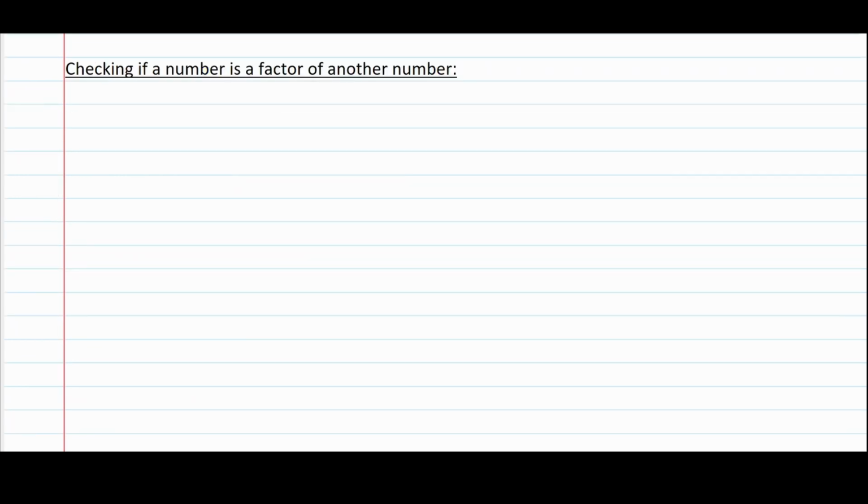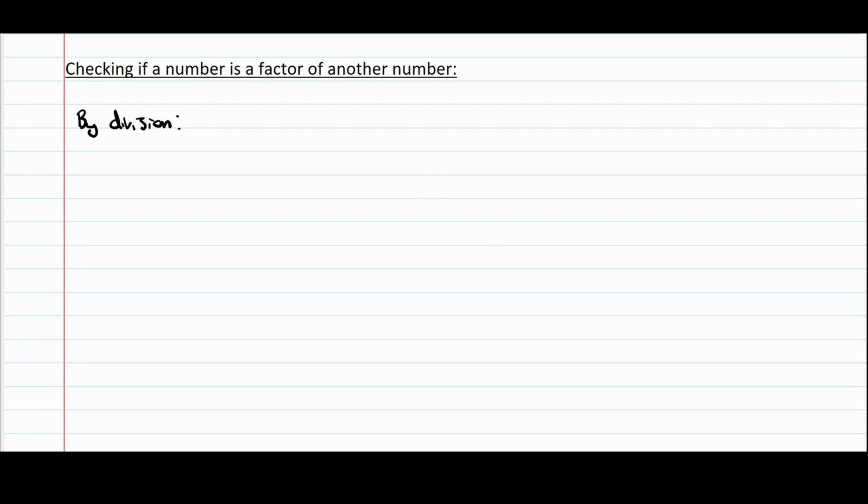So how do you check if a number is a factor of another number? Again, it's simple, just by division. A lot of the methods in which we identify whether something is a multiple or a factor of another number is usually by division. And it's the simplest way of identifying if a number is indeed a factor of something.